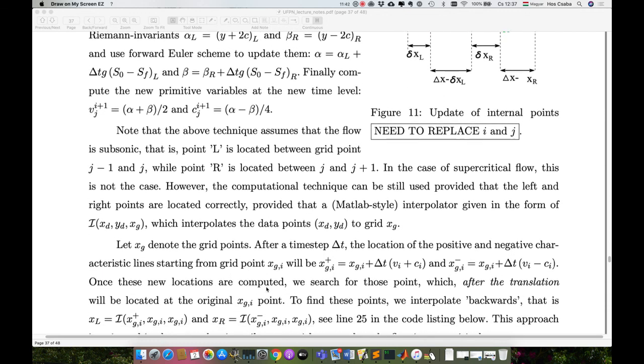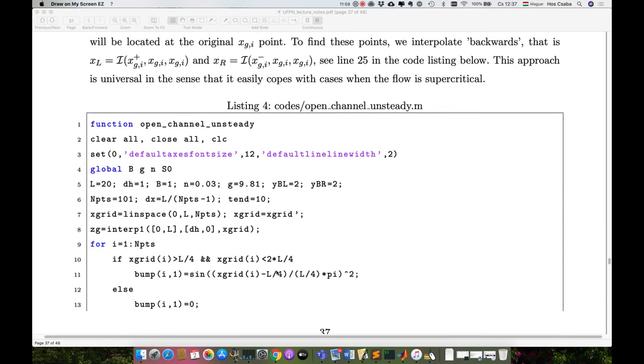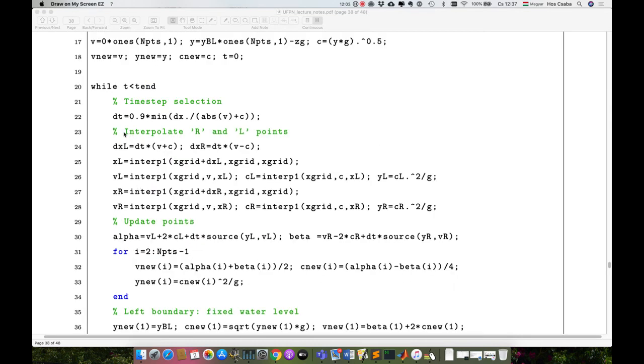Finally, I wrote here down another technique which I think is even more simple for computing the left and right points. Please also read this carefully, okay? And I've also added an implementation in MATLAB for this. So this is the crucial part, how you interpolate these points.